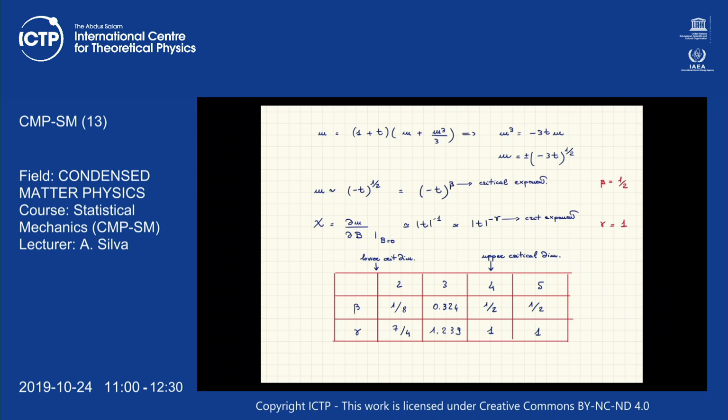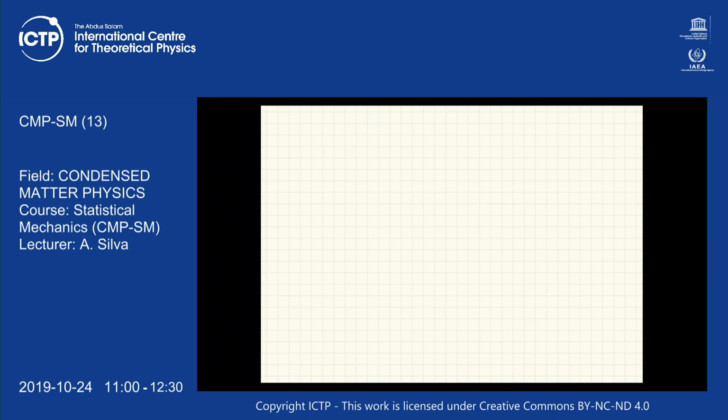The second limit is the limit of long-range interactions. Let us now redo the calculation with long-range interactions in a slightly different way to see what comes out. So, long range.